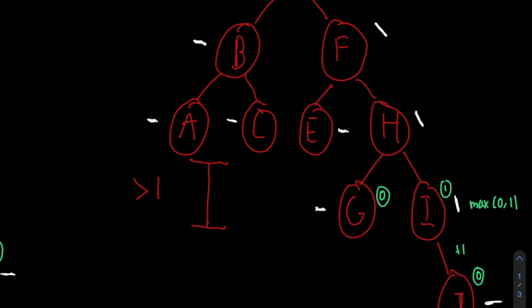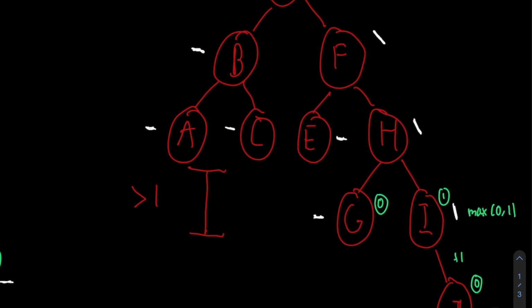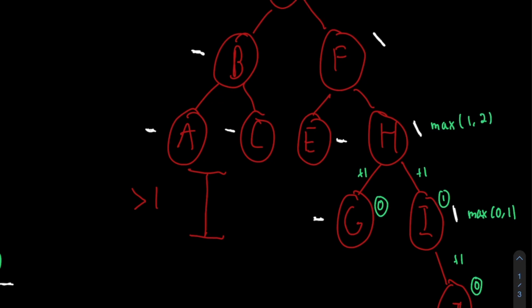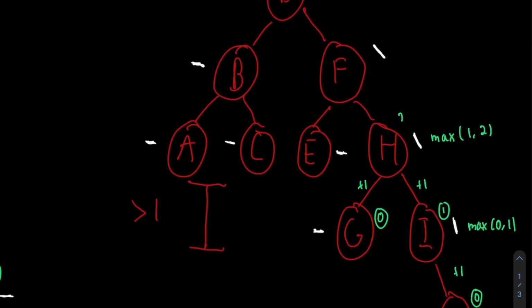G is basically just a leaf node, so you can just consider it as having no height in the left or the right subtree. So then H is going to compare, as you're going up, you're going to add 1, the max of 1 and 2, and that's going to end up giving you 2.